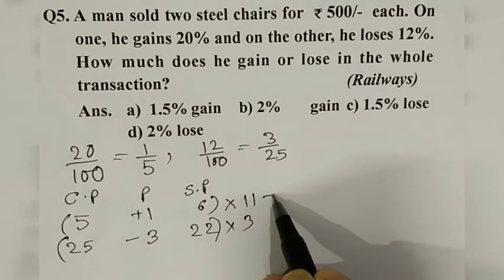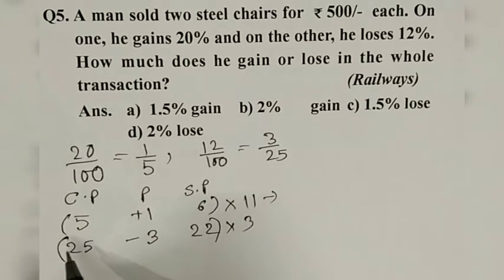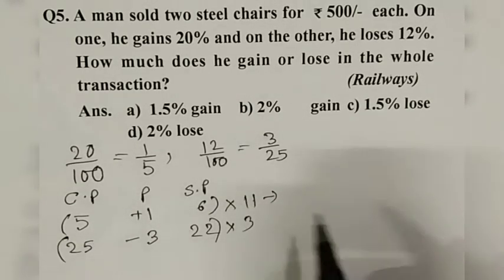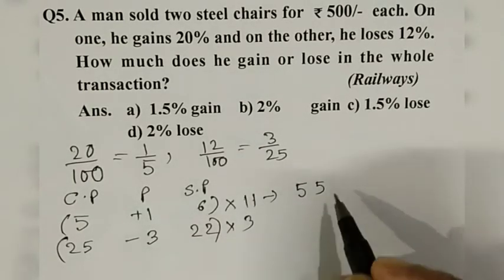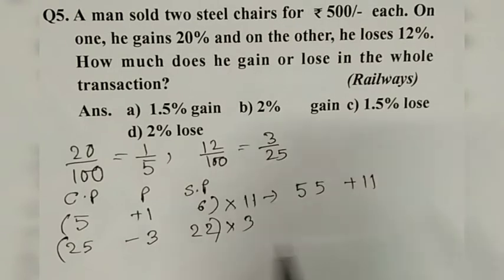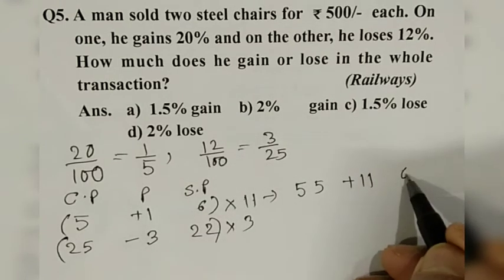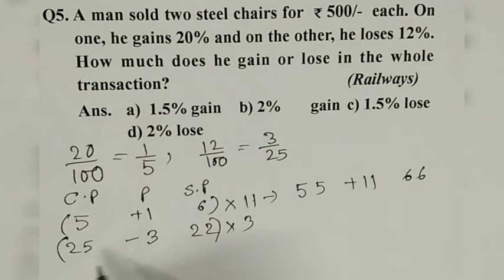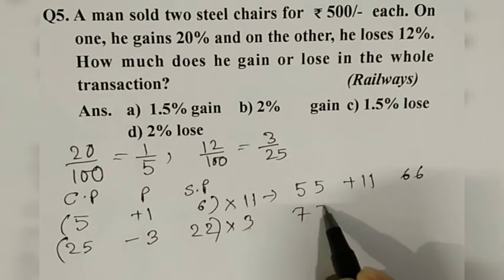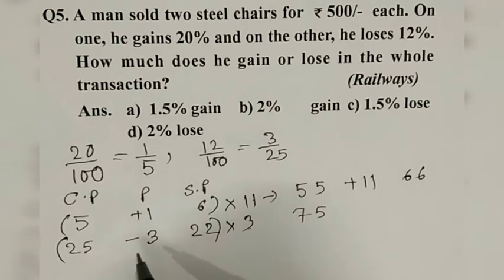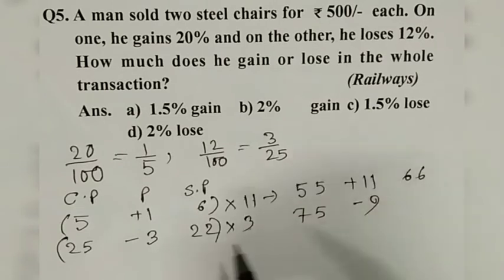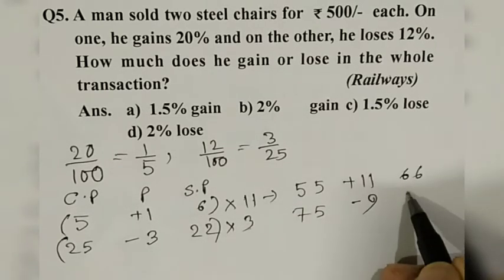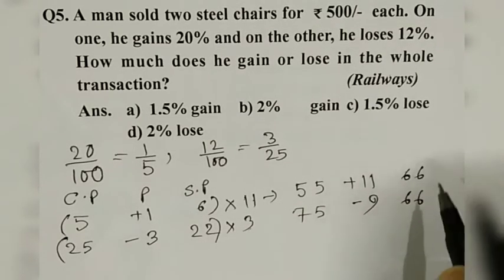Okay, then cost price will be 5 into 11, 55, profit plus 11 and selling price 66, and here 3 into 25, 75, loss minus 9, selling price 66.